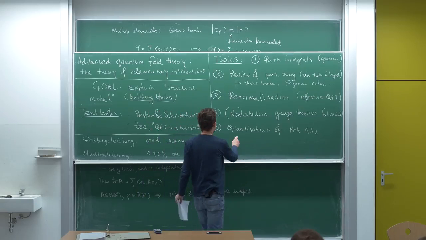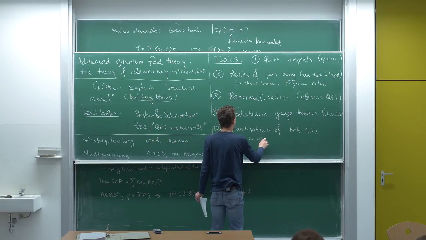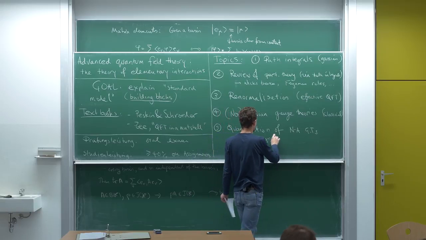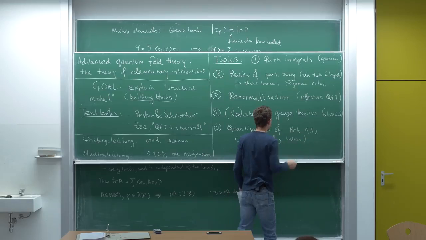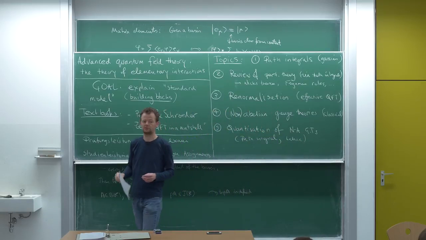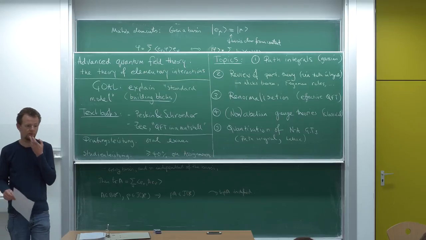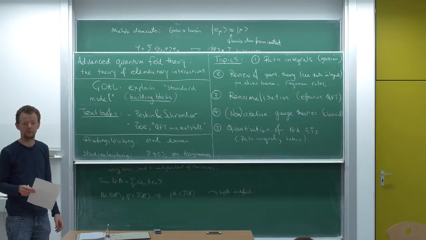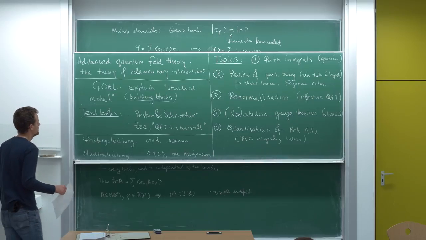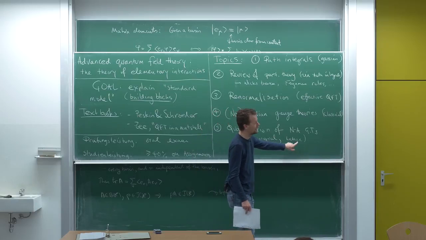I'm going to spend time describing how to do the quantization of non-abelian gauge theories using path integrals, which will probably be unsatisfying to a lot of you. And then we'll discuss how to do the quantization of non-abelian gauge theories on the lattice.